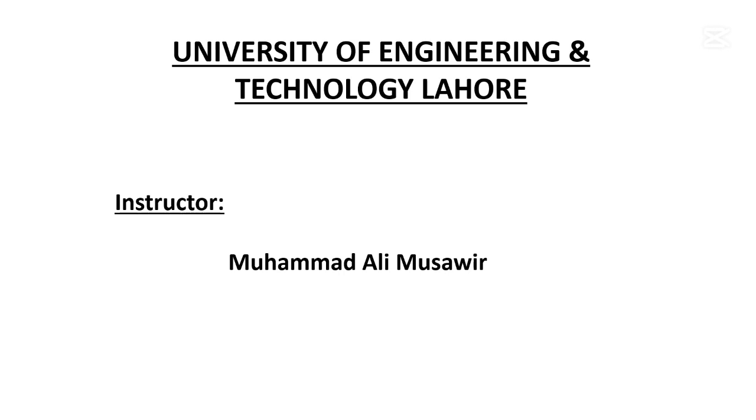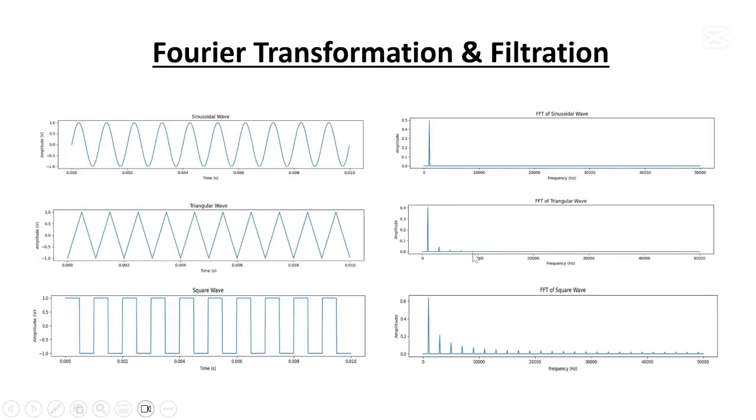Transform and filtration. So let's begin this by understanding the Fourier Transform. For example, I have taken here three waves. First one is a sinusoidal wave, then we have a triangular wave, and then we have a square wave.